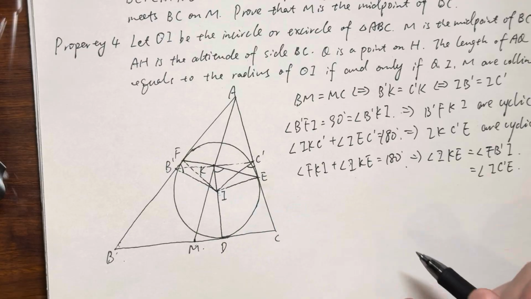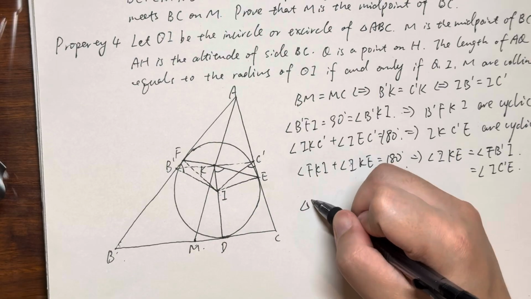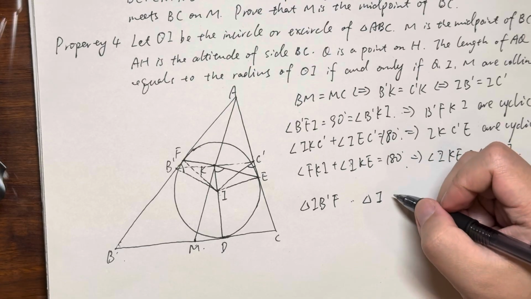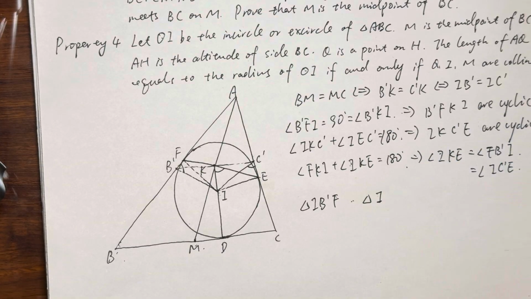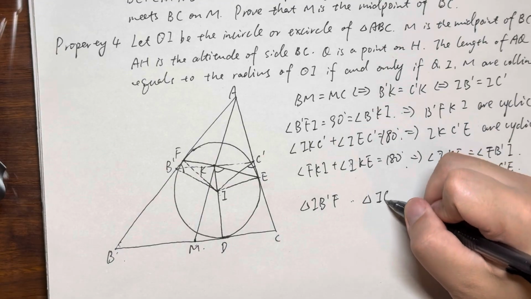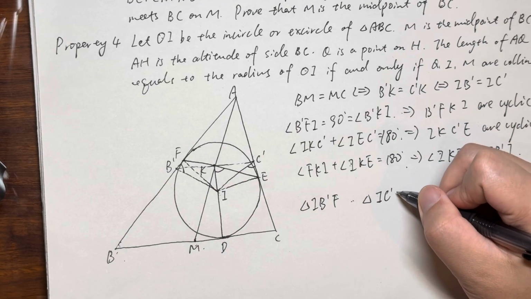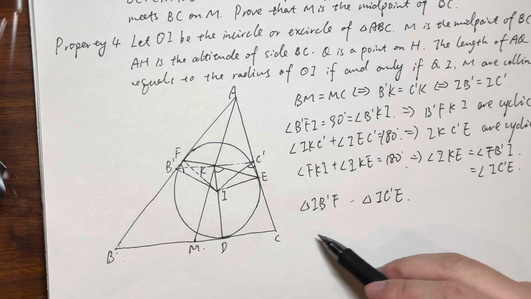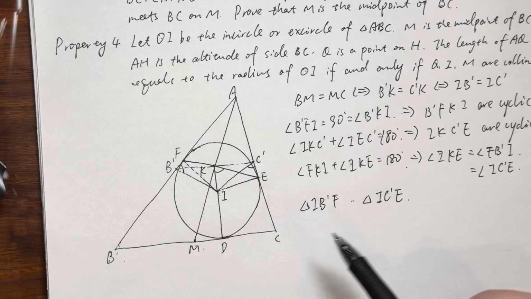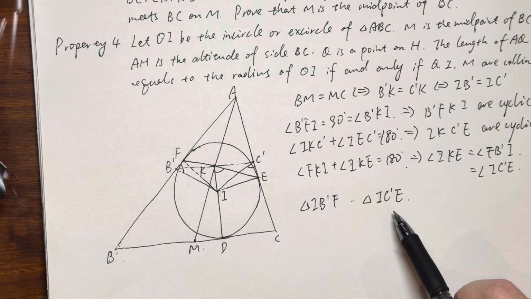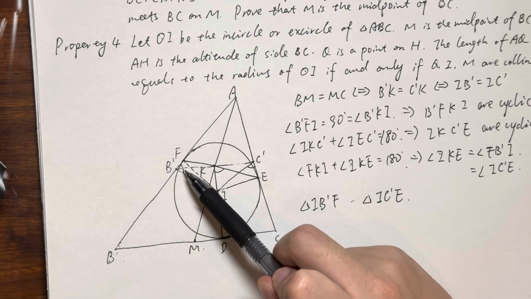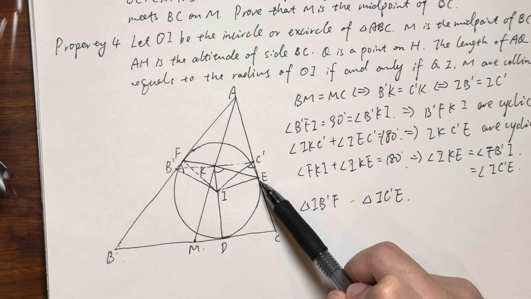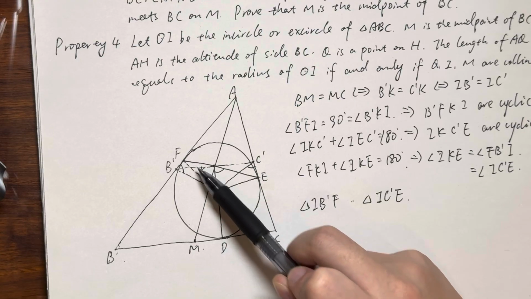So look at these two triangles. For the triangle IB'F and the triangle IC'E, we know that they are both right triangles, and also angle IB'F equals angle IC'E, and IF equals IE.